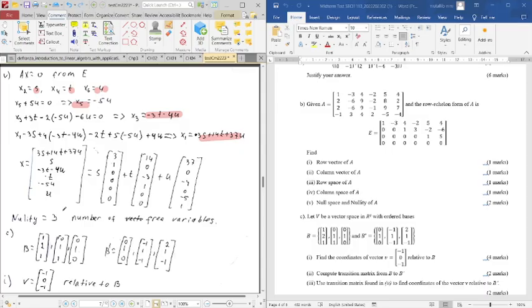And after this we need to write it in the span of the vectors. So to write it in the span of the vectors, we just get the scalars, our variables, out of the vector. So first we start with s. So when we take s out, we can see for the first element we have s, so we write it here. For the second element we have s, we write it here.